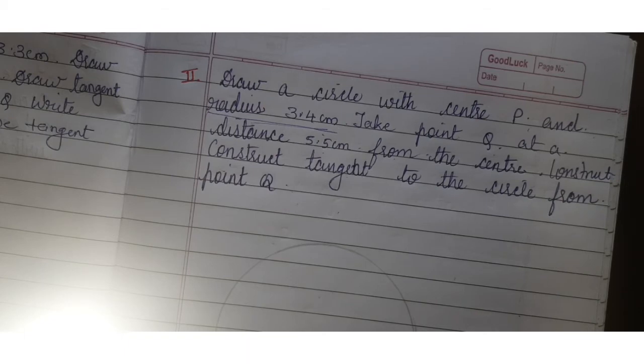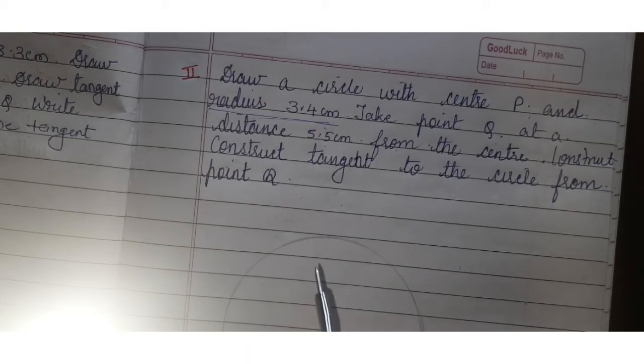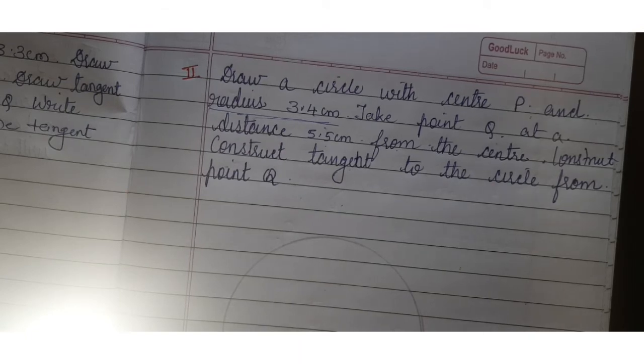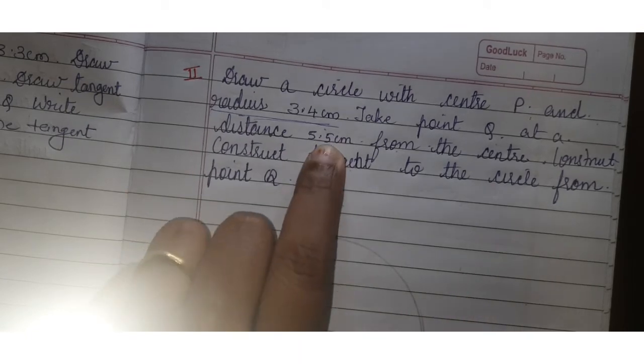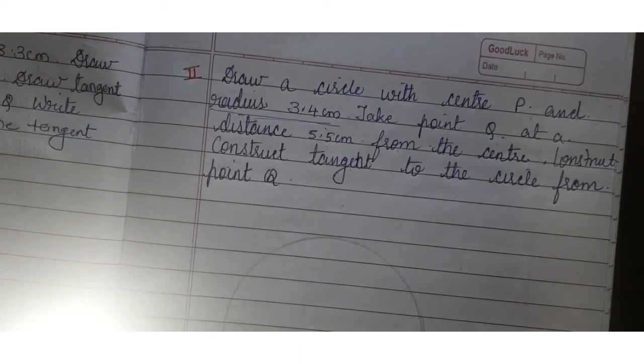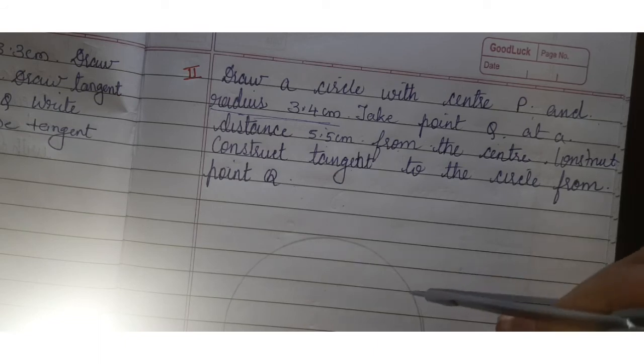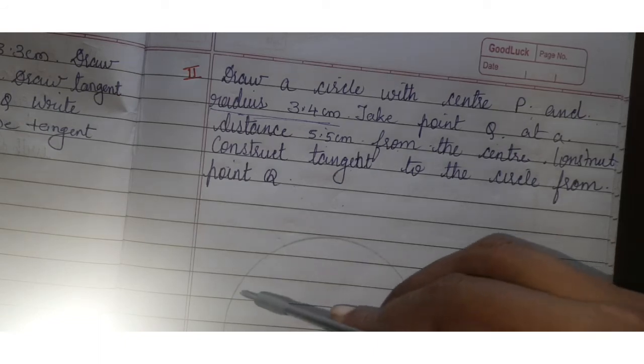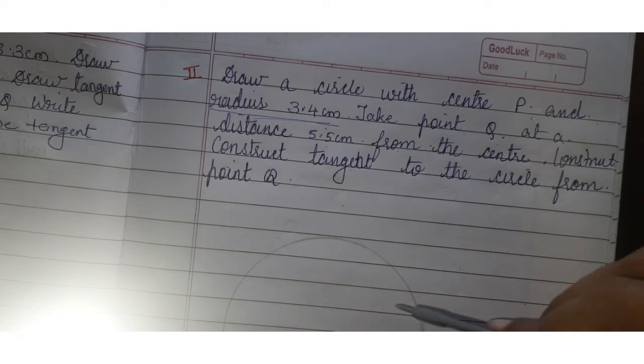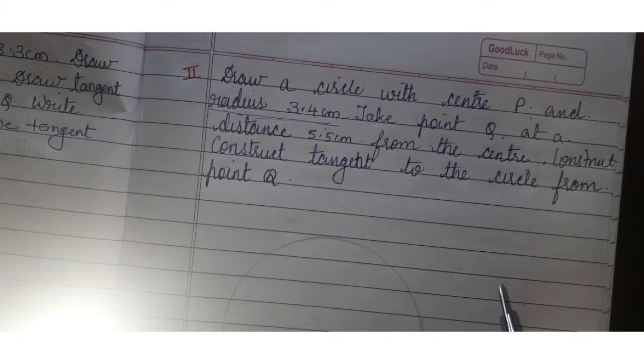Okay. After drawing the circle, what you have to do? You have to take the point Q from the center. At what distance? At 5.5 centimeter. So 5.5 centimeter. Here it is 5. After 5 lines. So this is my point Q.